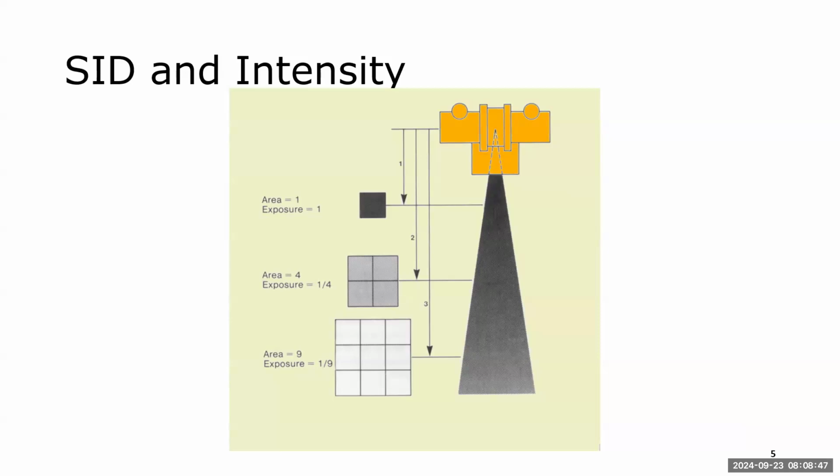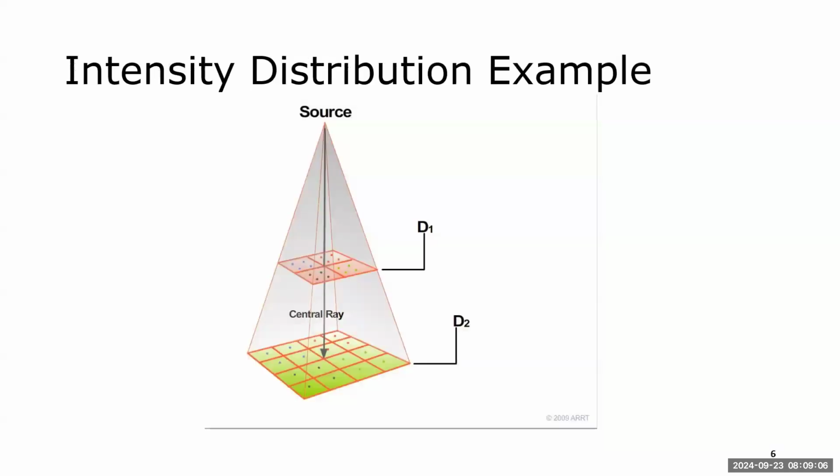It's the most intense at distance 1 because that is closer to the source, right? So as you increase your distance, that intensity is going to go down by the square of the distance. So if you look at this picture, it's another way to just visualize what is happening.